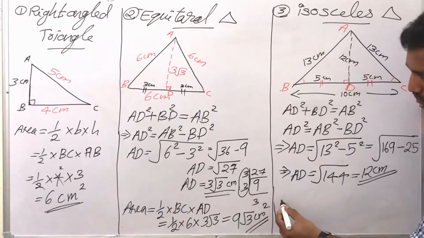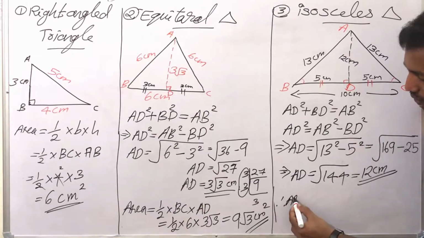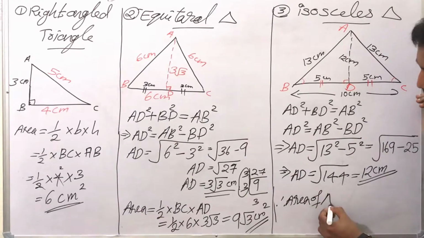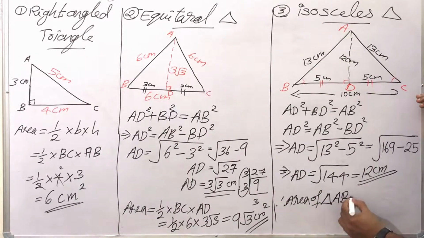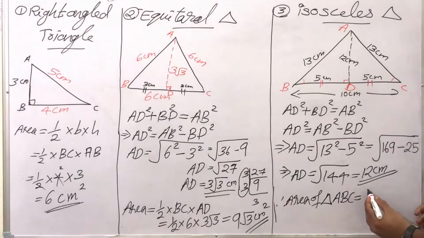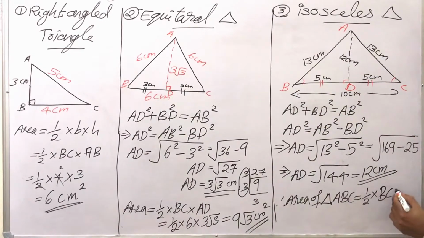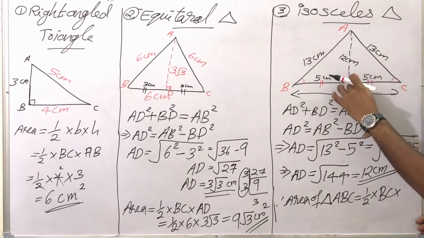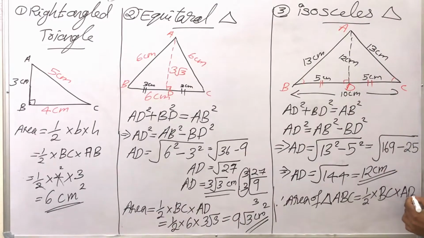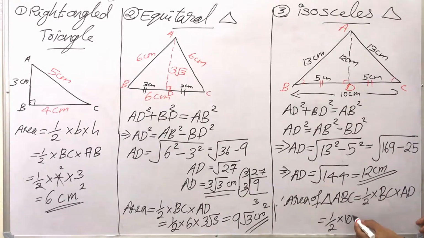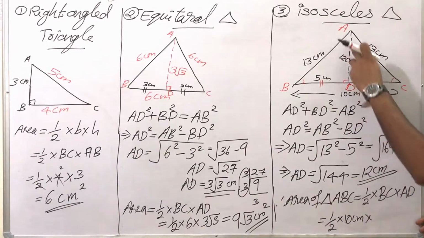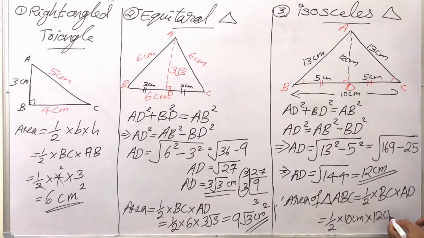Now, therefore, the area of triangle ABC is equal to half into base BC into altitude AD. So that is equal to half into BC, 10 centimeter, and AD is equal to 12 centimeter.